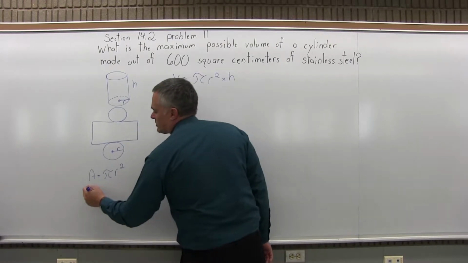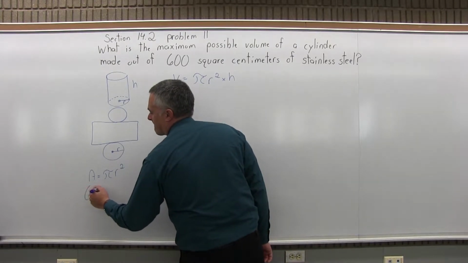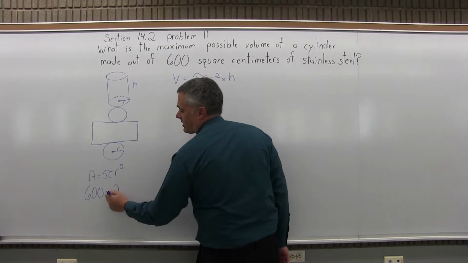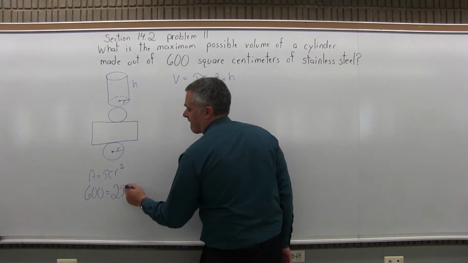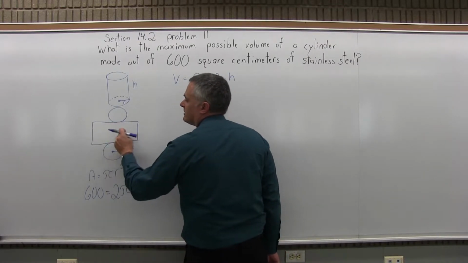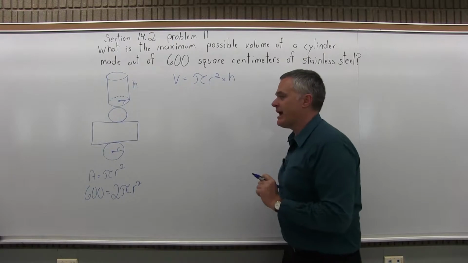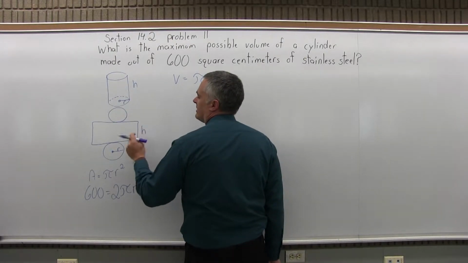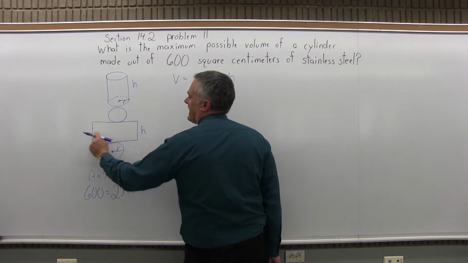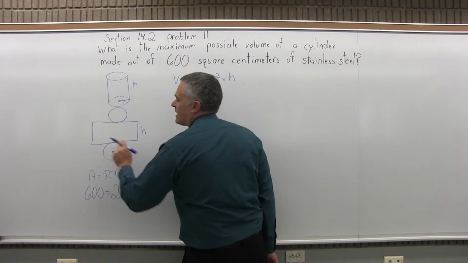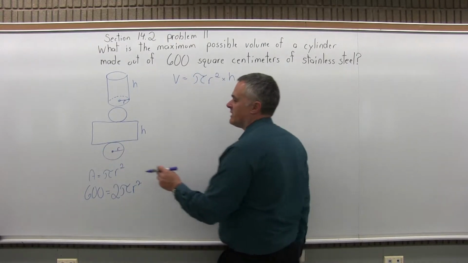So now the total surface area of 600 has two circles, one from the top, one for the bottom. So you're going to have 2 pi r squared, right? Top circle, bottom circle. And now the rectangle that you have, the side of the rectangle is from the height of the cylinder, and the long edge of the rectangle, like the bottom edge, is the same as the distance around the circle, or the circumference, which is based on the radius.